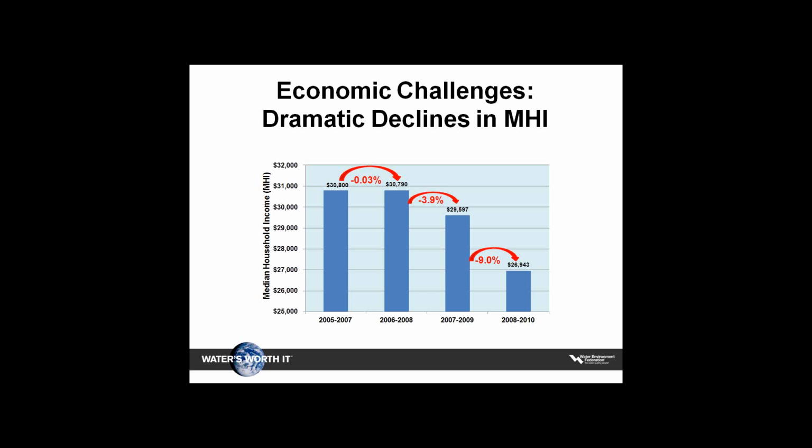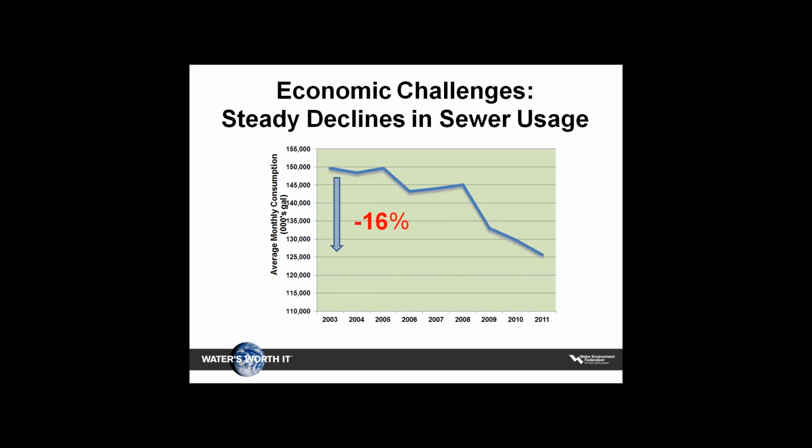We also have had some reduction in our sewer usage from 2003 to 2011. Some of it has been the loss of some industry, but a lot of it has been that as rates continue to rise, industries and so forth put in water conserving practices, and that results in a loss of revenue that we have to adjust rates to try to keep up with.